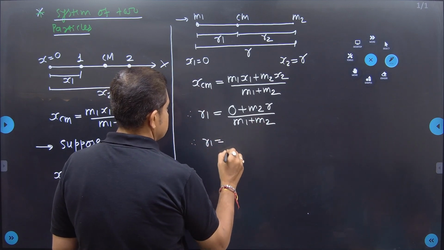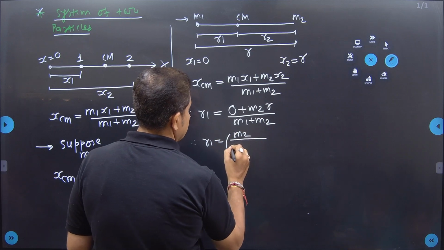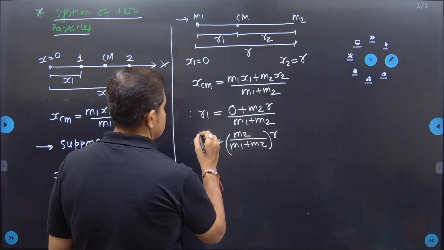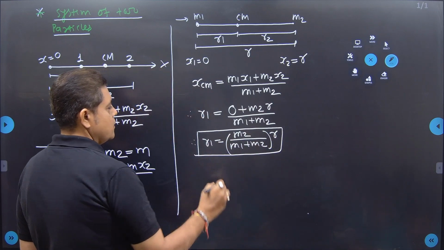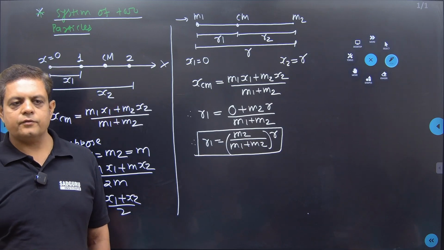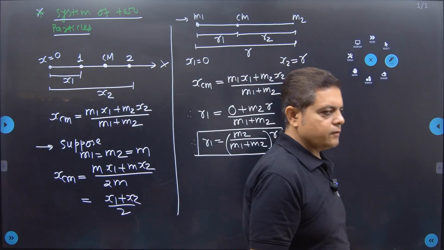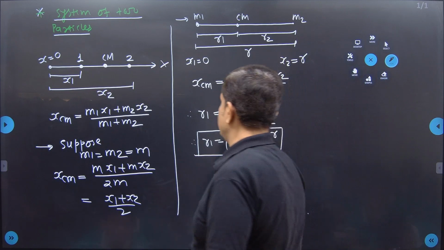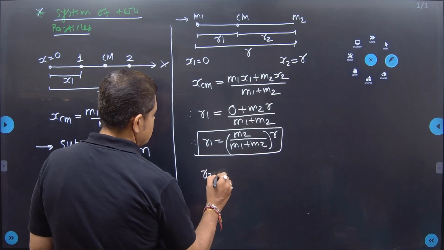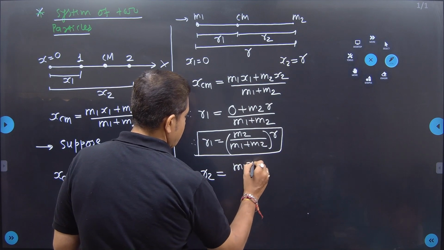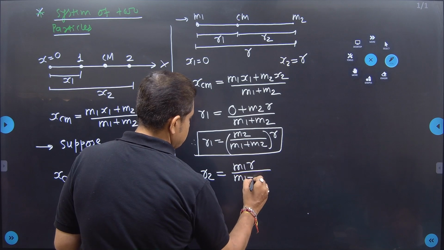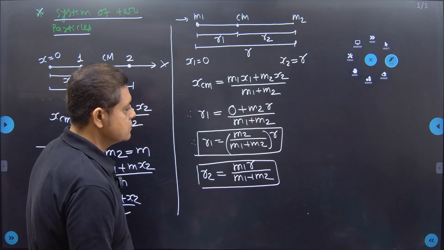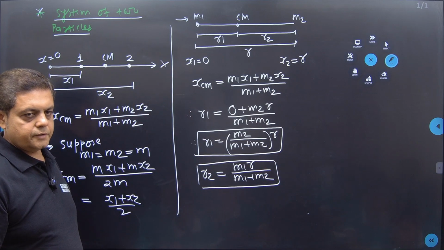So r1 is m2 upon (m1 + m2) times r. This is the distance of particle 1 from the center of mass. Similarly, if I find r2, it is m1 r upon (m1 + m2). Clear?